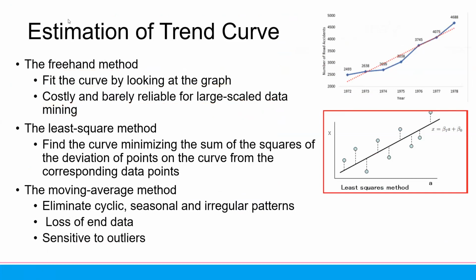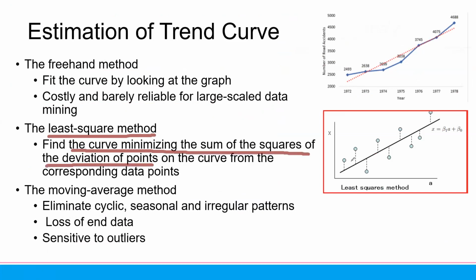The other method, we call it the least square method. Least square means we want to find the curve minimizing the sum of square of the deviation of points.